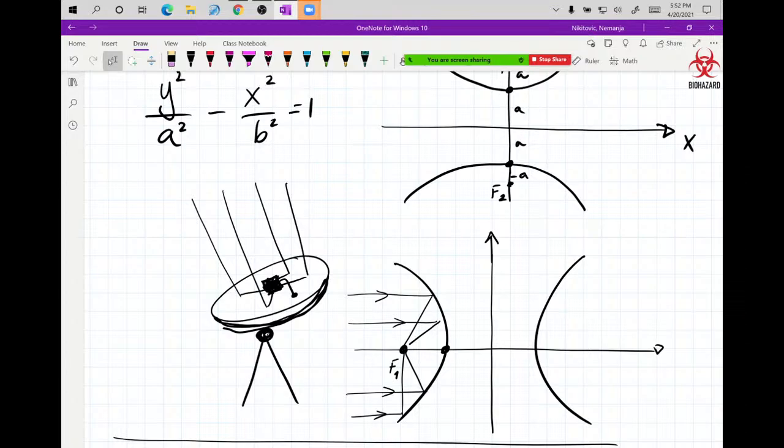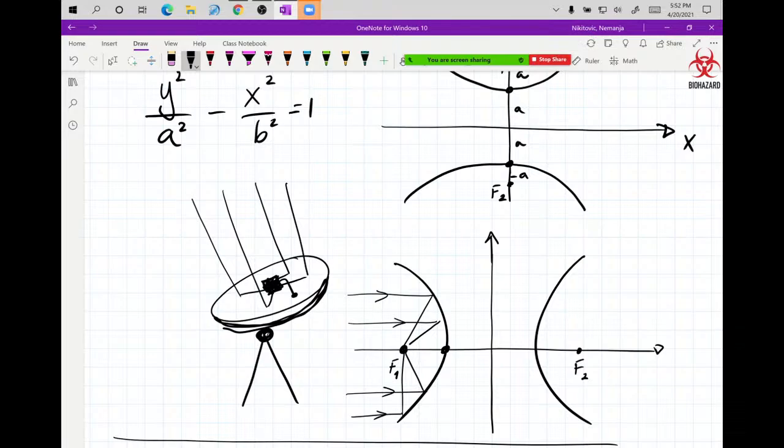That way, the focal point gives you a location where all of those rays would converge into a point. All of the rays that come in bounce into a focal point. Now, there are two focal points, one on the left and one on the right. We can call them F1 and F2.